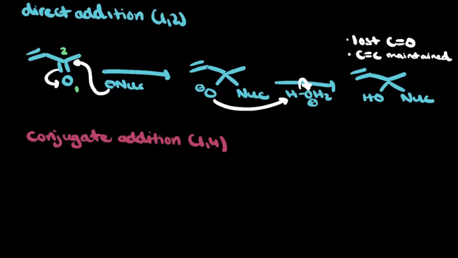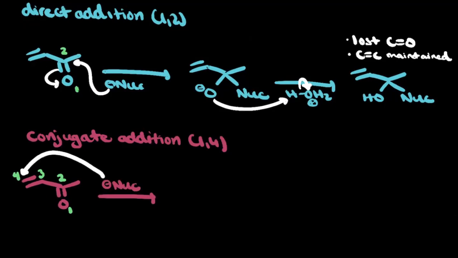Okay, so for your conjugate addition, instead of attacking 1, 2, you'll be attacking 1, 4. So if I start off with my carbonyl carbon 1, 2, 3, 4, I want to go ahead and add in my nucleophile. I add to the 4 position, send my electrons this way, activate the carbonyl once again.